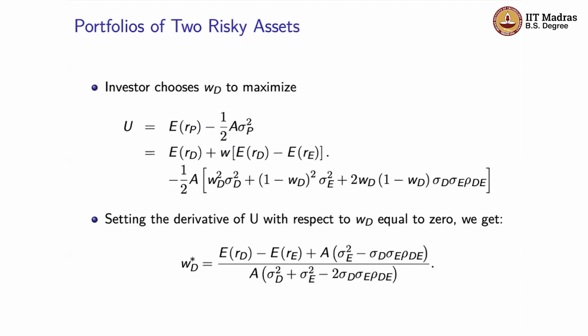So not as clean a solution as the case that we had done for one risky asset and one risk-free asset. However, still the general procedure is the same, even though this time it was a bit more complicated in the sense of getting this expression for the variance compared to before. However, you can also again get the W star E by just looking at 1 minus W star D.